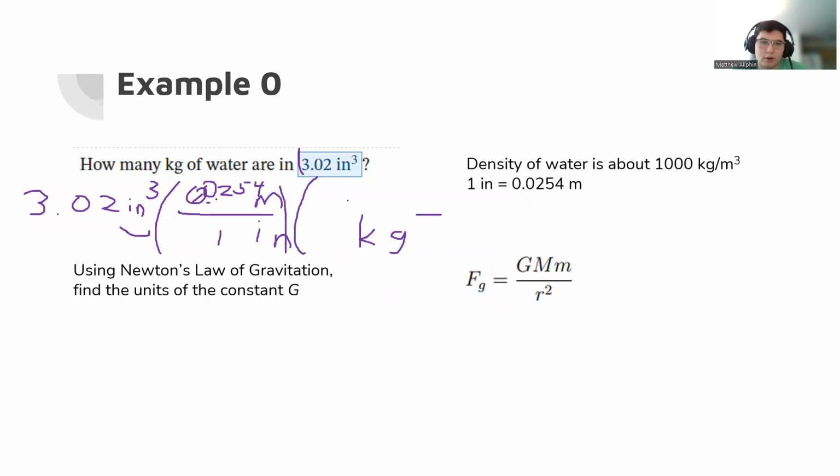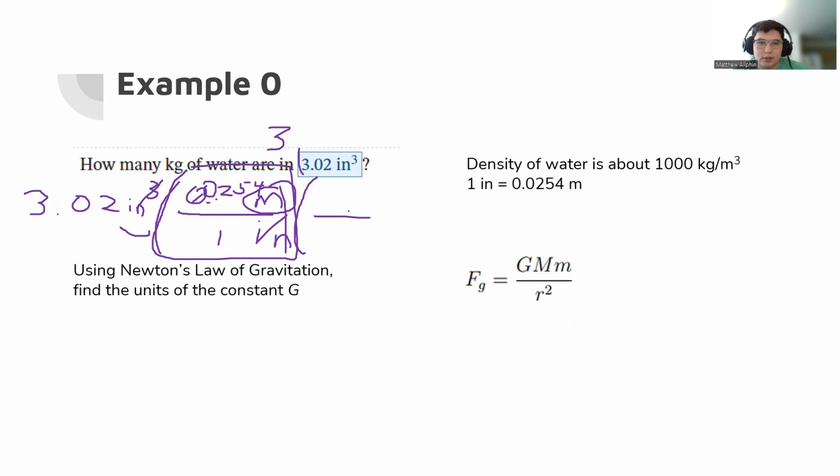And then from there, I am going to use my conversion factor. Oh, and I almost made a mistake there actually, because these are inches cubed and I want meters cubed, not inches. So this conversion factor right here, I have to cube so that my inches cubed will cancel with my inches cubed, and I'll end up with a meters cubed on top. And so that's basically that.